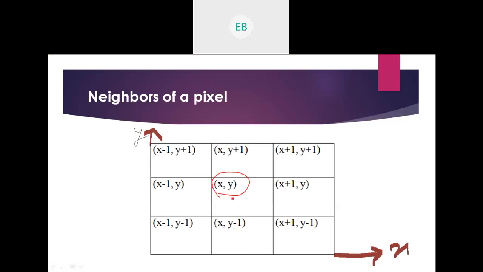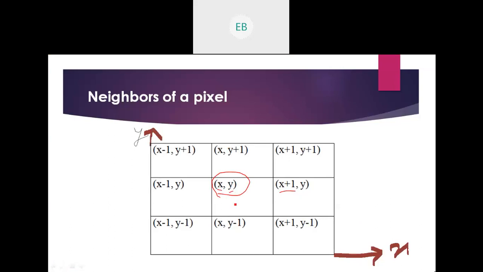When I go towards the right, I get this pixel as x plus 1. Since I'm talking about x, y is constant for now, so this is x plus 1, y. Always remember that the distance between two adjacent pixels is always 1.